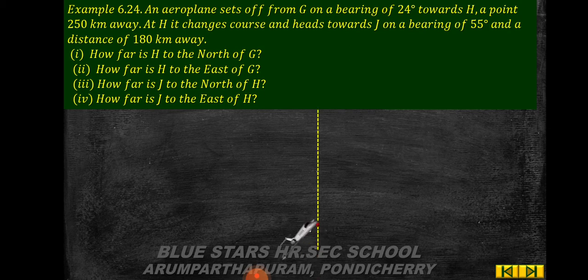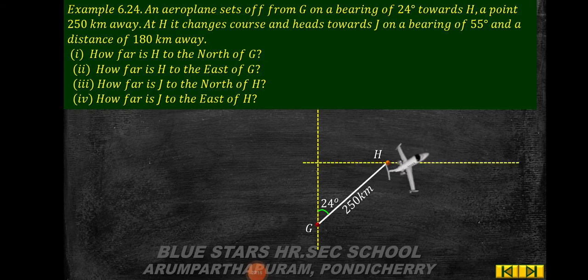So there is an aeroplane at the point G. It reaches the point H. The angle from the vertical line is 24 degree. Then the distance is 250 km.